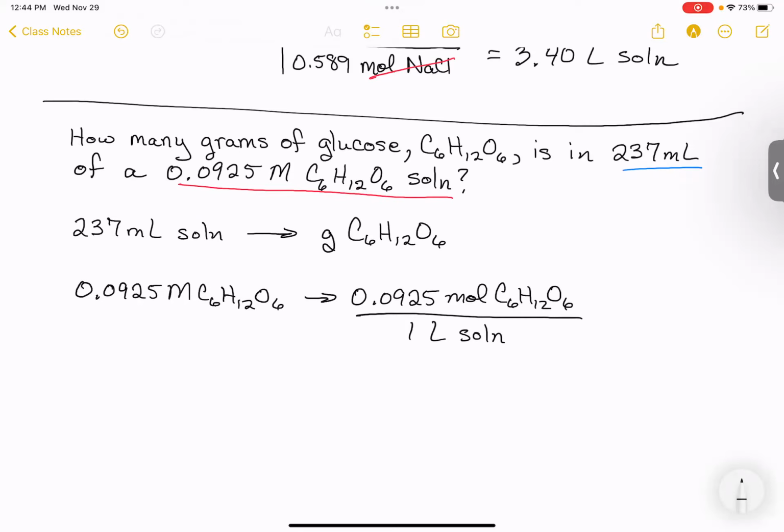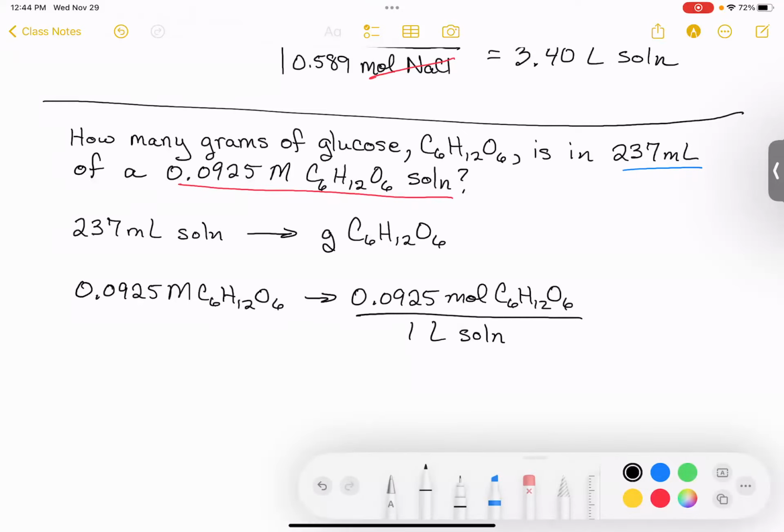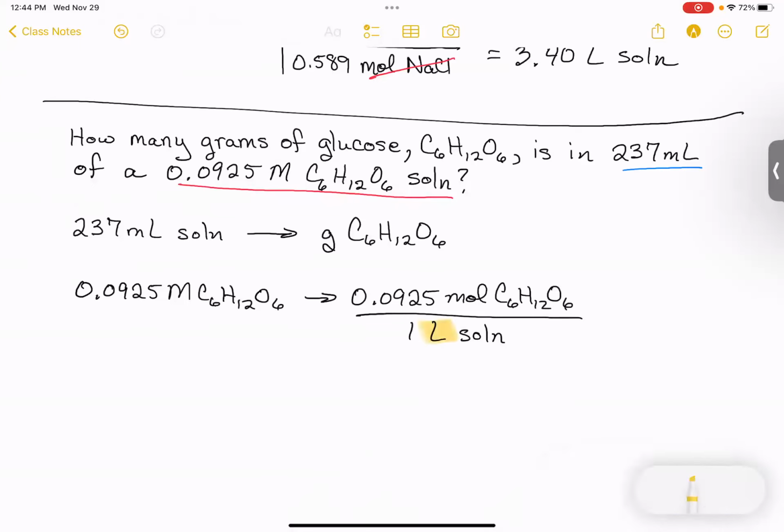Now, to convert from solution into an amount, I only have one conversion factor here. To convert from solution to an amount, I've got to go through the molarity. But in order to use this molarity, I need my volume not to be in milliliters. I'm going to need it in liters.